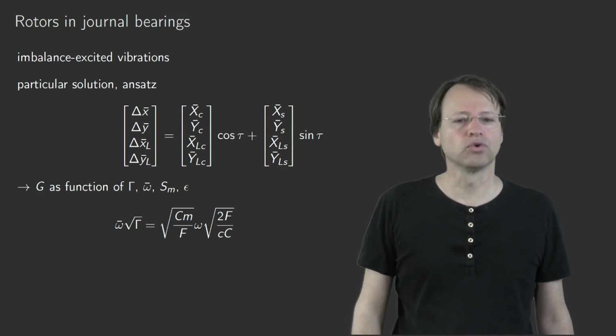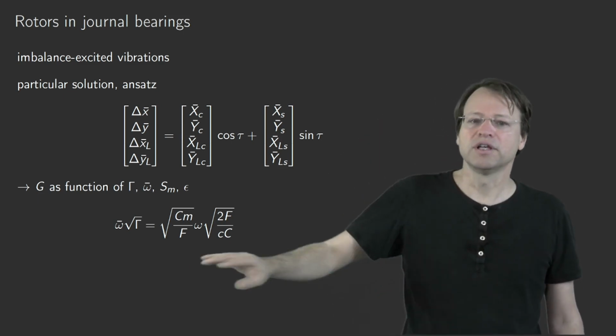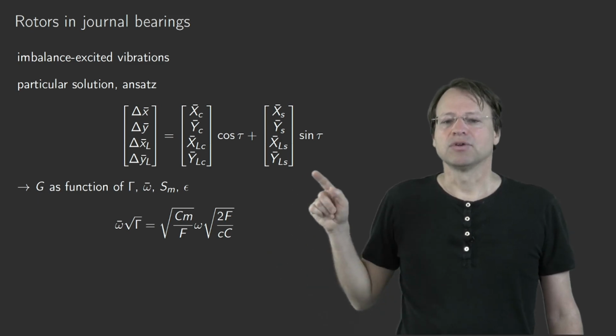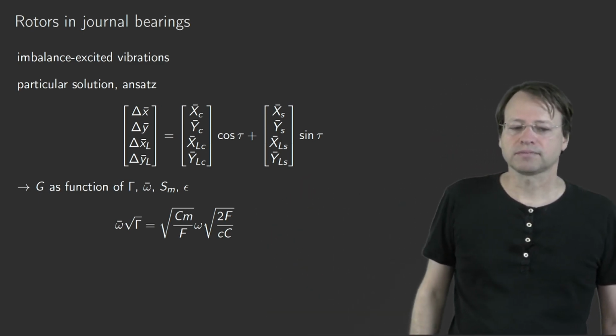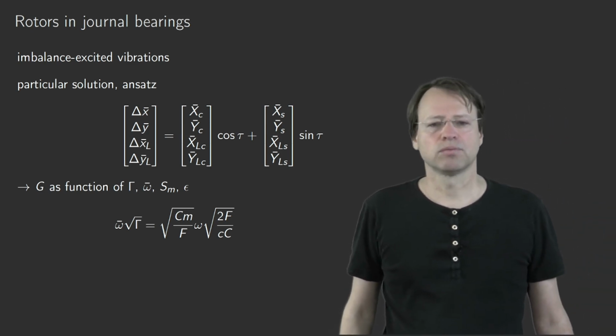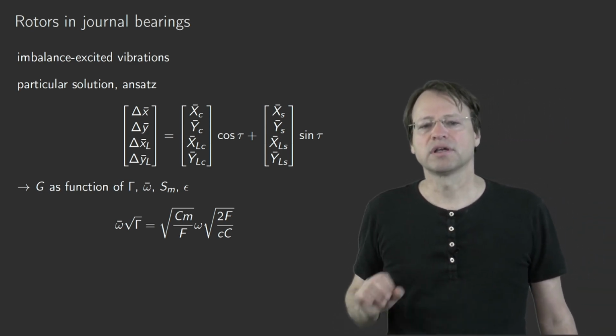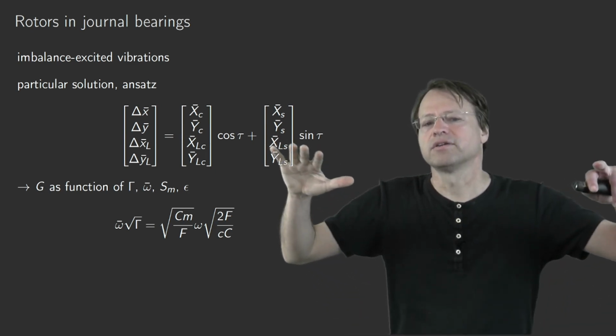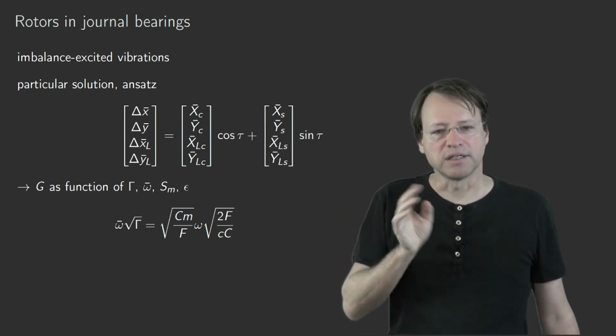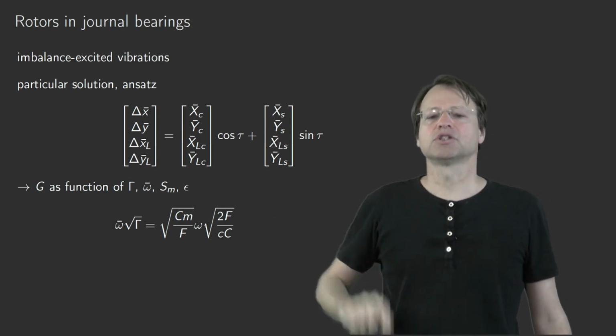2m is the mass of the rotor because we wanted to divide the whole equation by 2. So as 2m is the mass of the rotor, 2m divided by C square root is just what we would call, for a Jeffcott rotor, the critical speed, the natural frequency of that vibration system composed by a disk and a flexible shaft.